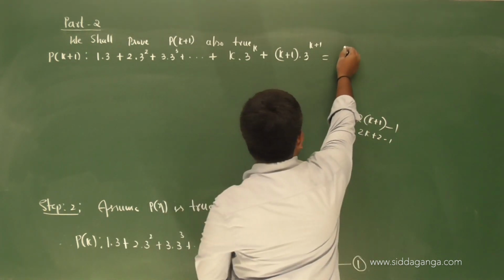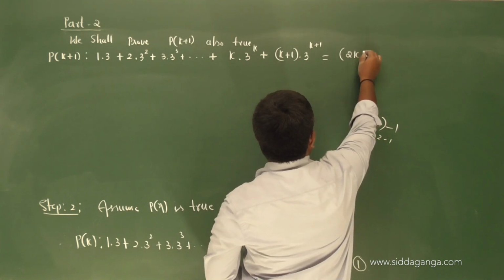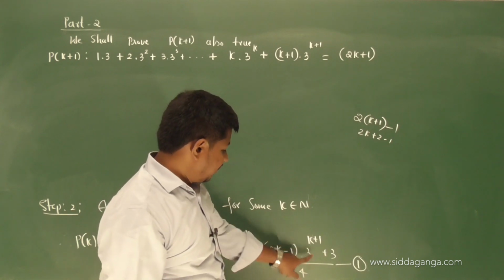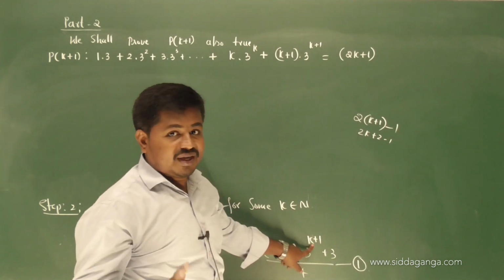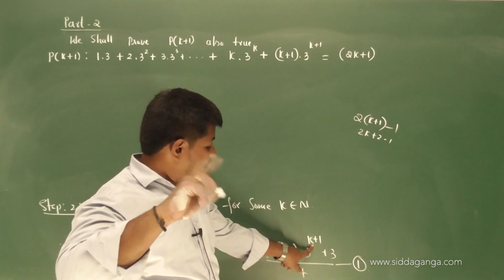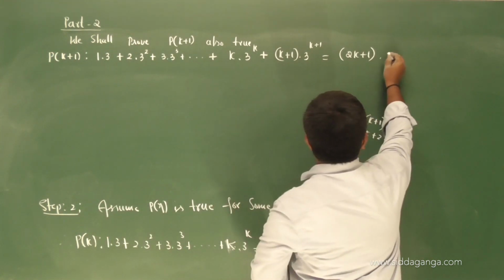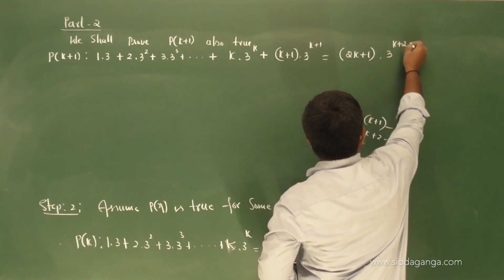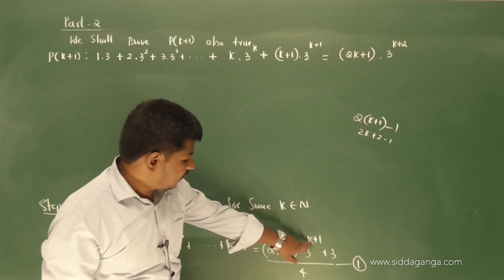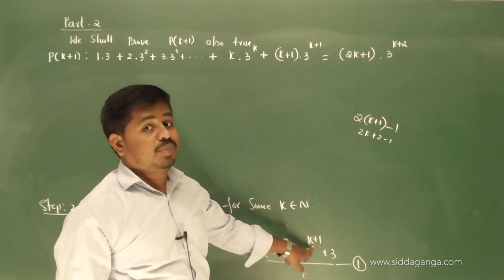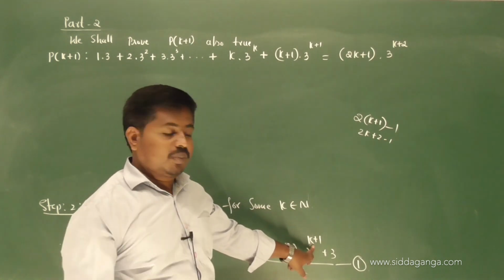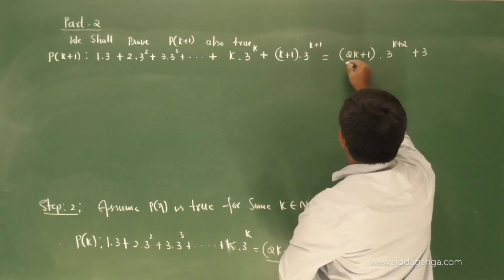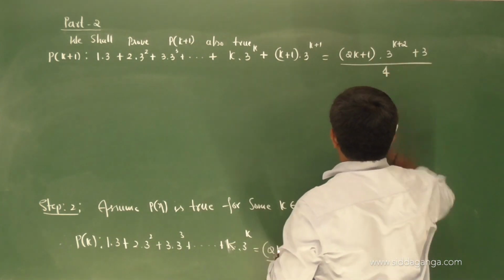So the answer should be 2k plus 1 into 3 power of, here we have k, now in place of k plus 1, k plus 1 plus 1, you get k plus 2. Hope you got it, students. In place of k, you must replace k by k plus 1. K plus 1 plus 1, k plus 2, plus 3, whole divided by 4. This is to be proved now.